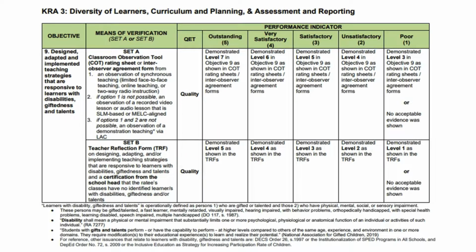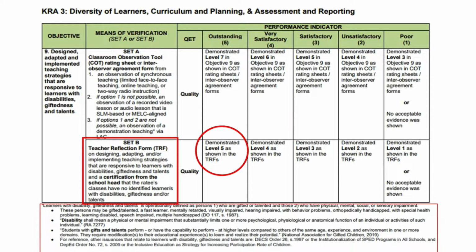So, let us all first define what is learners with disabilities. So, eto yung mga estudyante na gifted sila, may talent, or is operationally defined as person who are gifted or talented, those who have physical, mental, social, and sensory impairment.